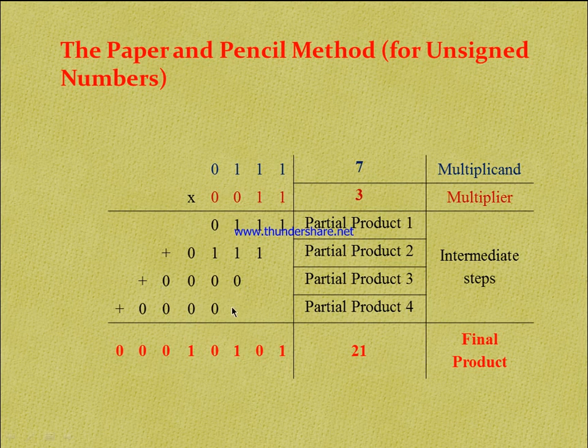Again I shift 1 bit to the left and multiply this 0 with all the bits of the multiplicand and we'll get the last partial product, that means the fourth partial product. After each multiplication we'll get some product and these products are nothing but the partial products.